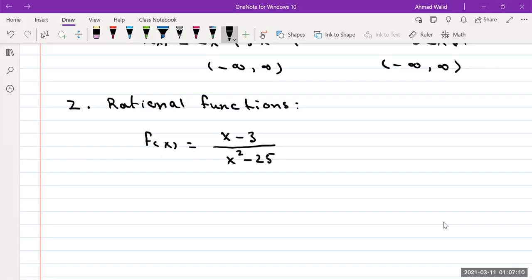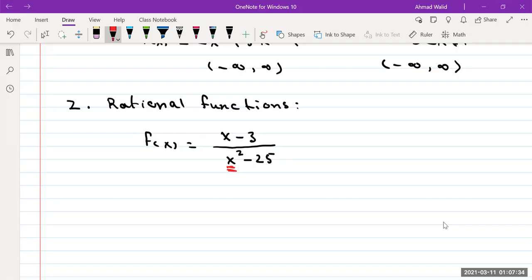Any expression that has a variable in the denominator, you call it rational. Then any function that has a variable in the denominator, like this x squared, we call it a rational function. Now, how will you find the domain of a rational function?